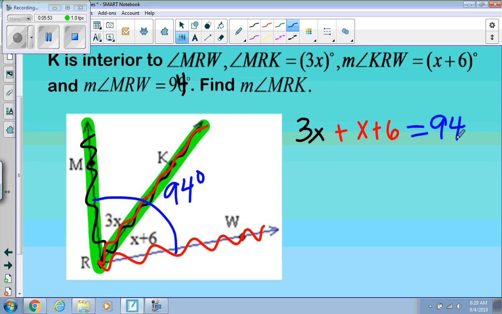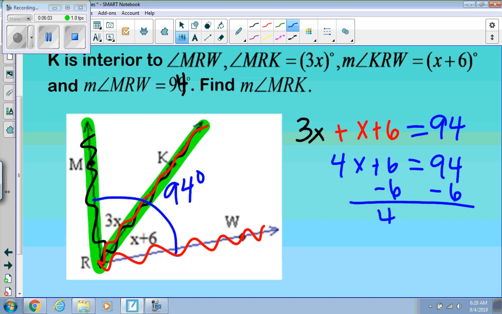So we've got 3x plus x, which gives us 4x plus 6 equals 94. We're going to subtract 6 from both sides, and when we do that, we get 88. And then we're going to divide by 4.